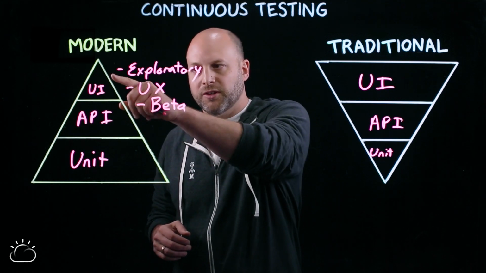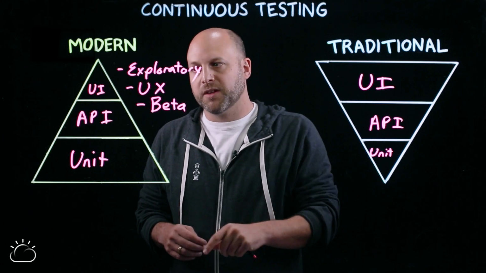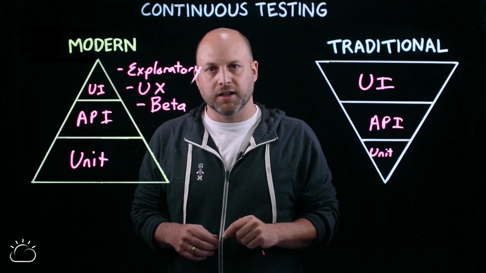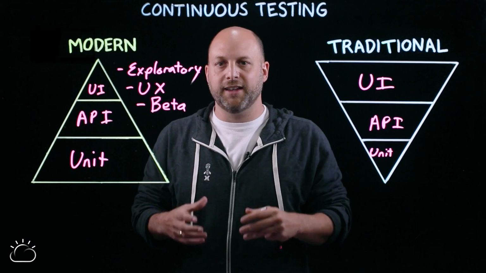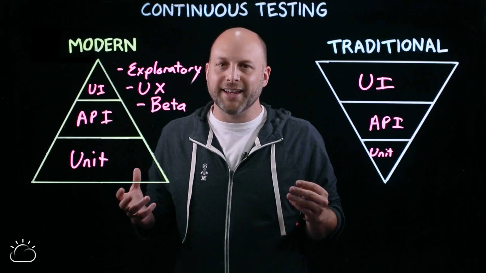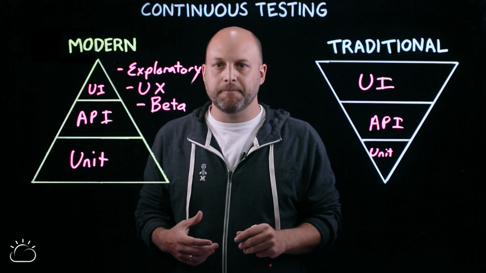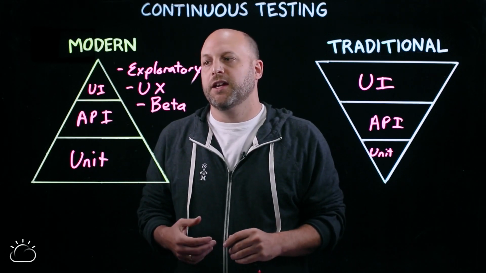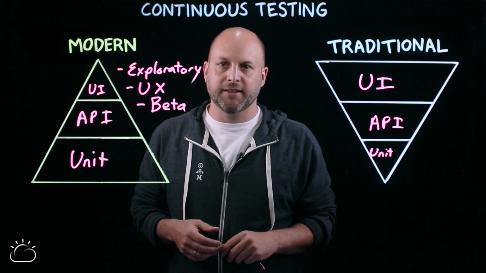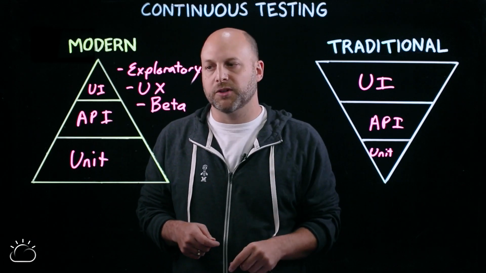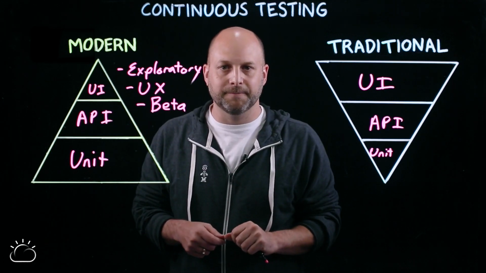Then reserve your functional testing or your UI level testing for real end-to-end validation that everything actually works together. You need some of it, don't overdo it, and make sure it's the end-to-end capabilities, not small feature function that could be handled by the APIs.